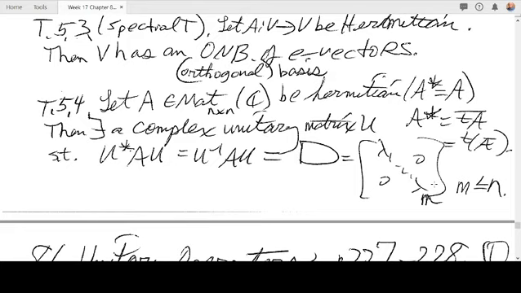That means that there exists a complex unitary matrix U so that U star AU, which now is equal to U inverse AU, equals the diagonal D, with the diagonal entries being the eigenvalues. Now, remember the unitary case, the inverse is equal to the adjoint. So U inverse equals U star.